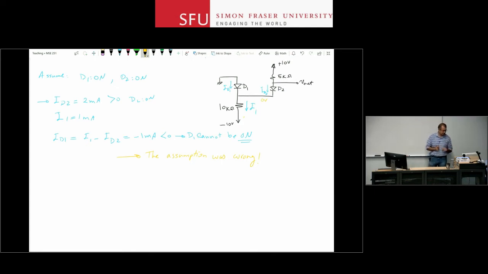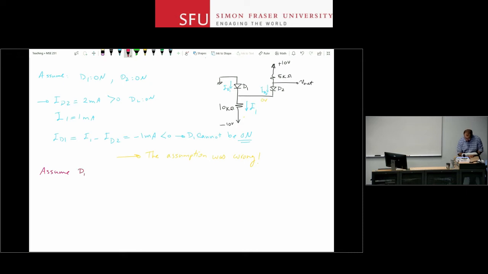So in this case, for example, we made an assumption, we already solved the circuit once, and it looks like D1 cannot be on. So my next assumption is going to build on what I already learned from the solution of this circuit. It looks like D2 doesn't have a problem, it looks like D2 can be on, but D1 is the diode that is unhappy.